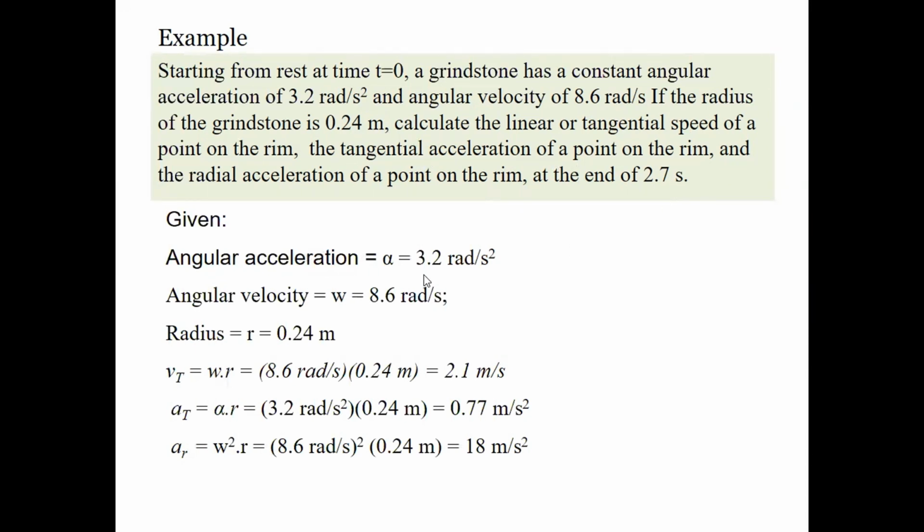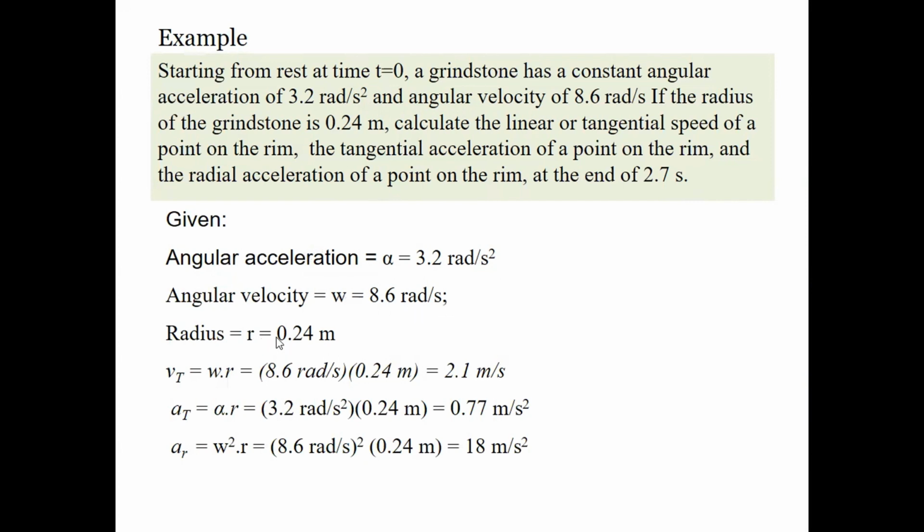So we know from this question that the constant angular acceleration alpha is given as 3.2 radians per second squared. The angular velocity is given as omega equal to 8.6 radians per second.